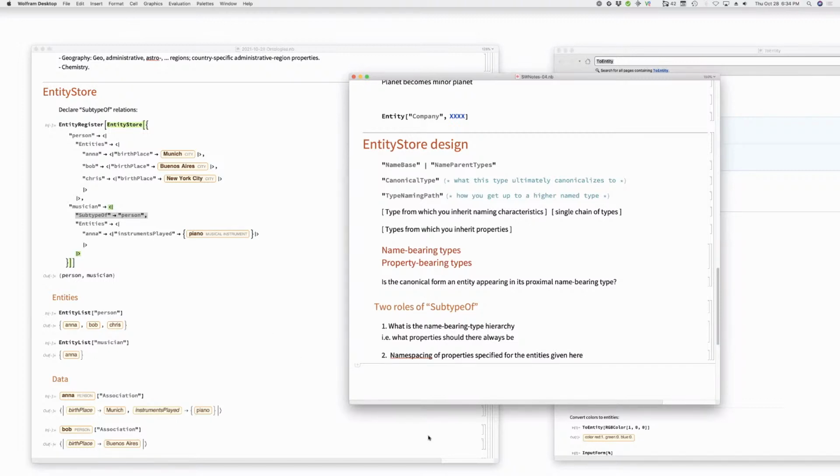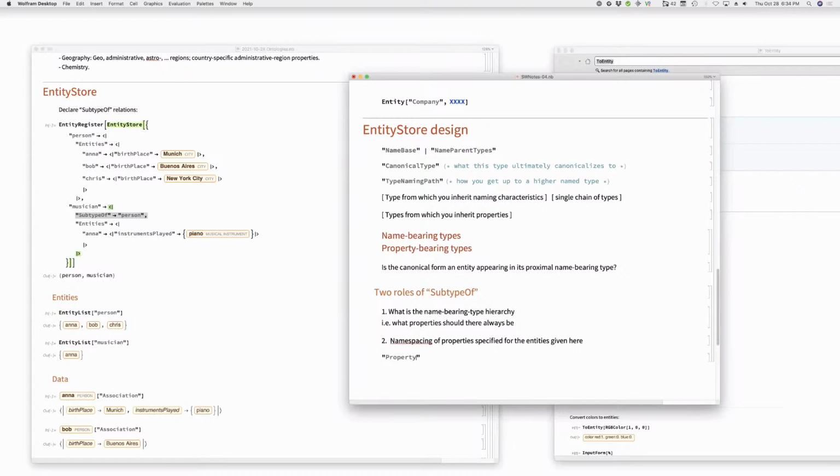So basically, property sources, property source types, something like that. Property source types would be the namespace thing. That would be a list of things where if you see a name here, you go look it up in its fully qualified form as entity property of that type, comma, whatever. Does that make sense? Yes.